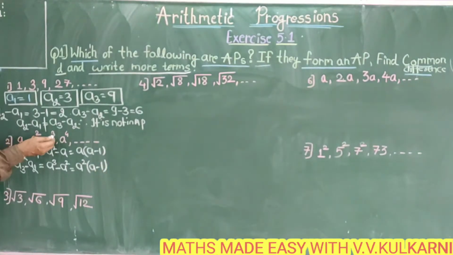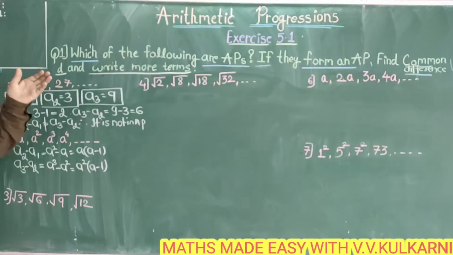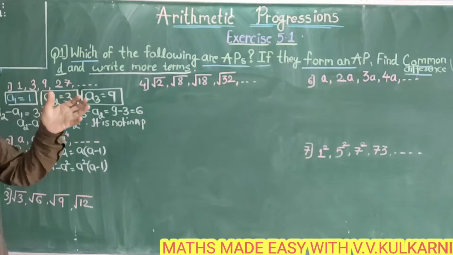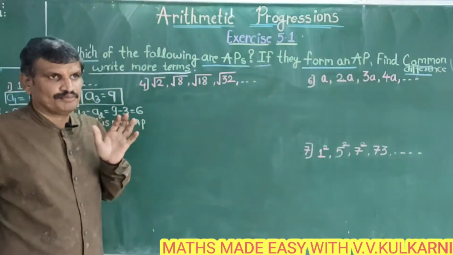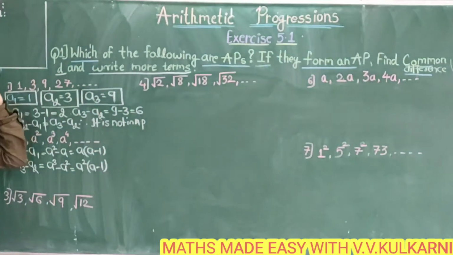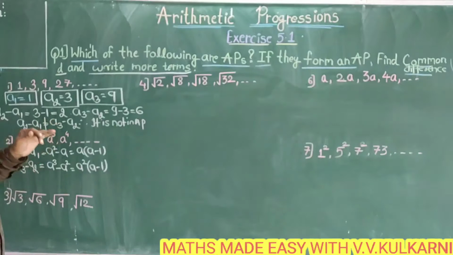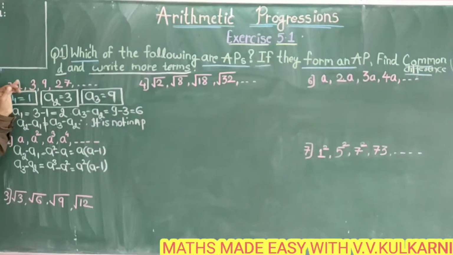Again, if you go for fourth term minus third term, you will get A cube common into A minus 1. You will say, sir, it is very simple, we can tell the next term. Whether you are able to tell the next term or not, that is not the problem. Whether it is in AP or not, that is the problem. If it has to be in the AP, then the difference of the successive terms should be equal. That is, A2 minus A1 should be equal to A3 minus A2 should be equal to A4 minus A3.